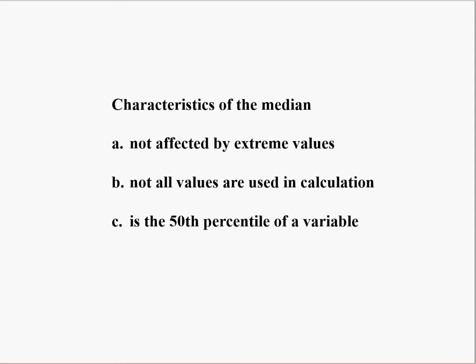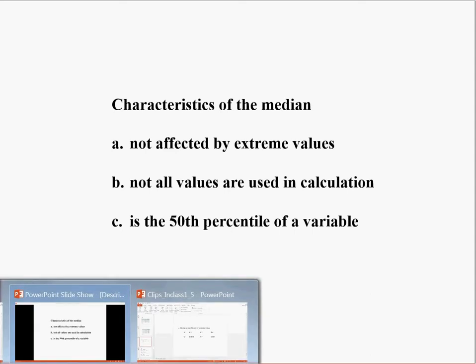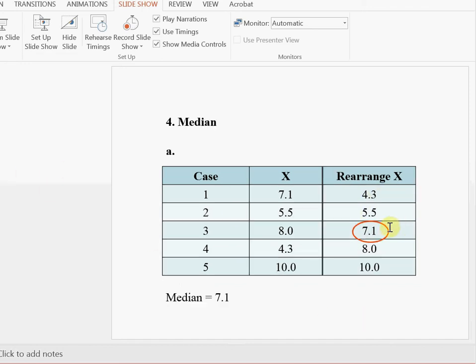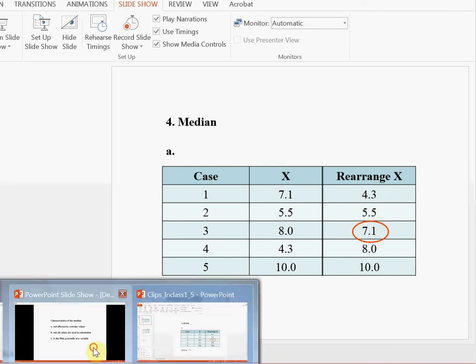Median is the 50th percentile of a variable. This means that below 7.55 there are 50% of cases in the variable. In this case, below 7.1 there are 50% of cases in the variable. So that is the 50th percentile.